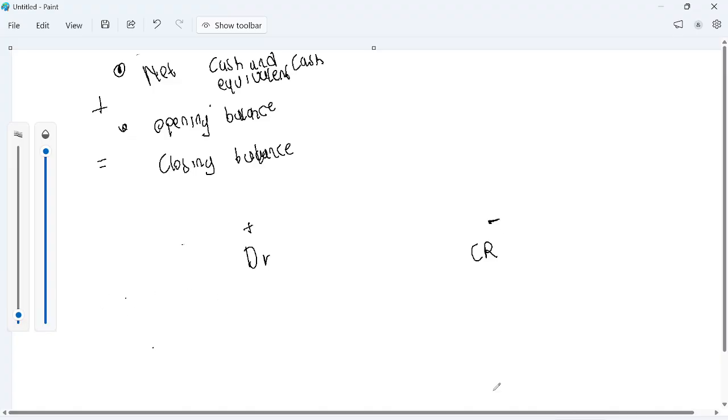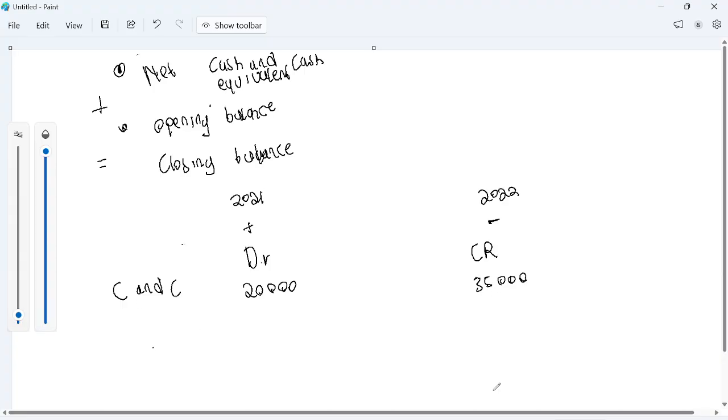It increases on the debit side and it decreases on the credit side. So if you ever have a cash and cash equivalent of maybe 20,000, it means that our bank is increasing by 20,000, a positive bank balance of 20,000. Let's say this is 2021 and this is 2022, and at 2022 we had a credit balance of maybe 35,000, meaning a negative balance of 35,000.